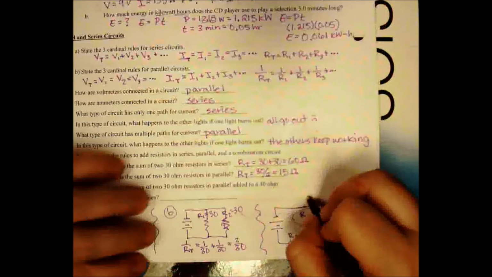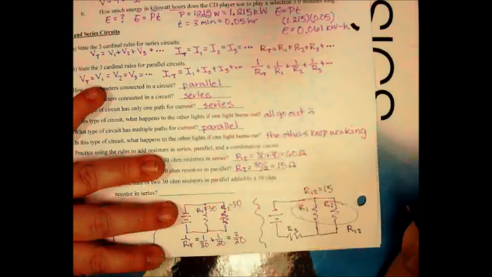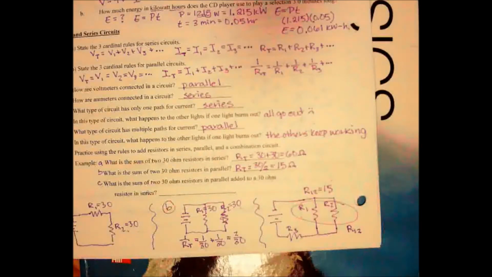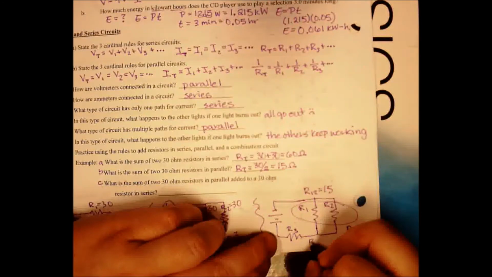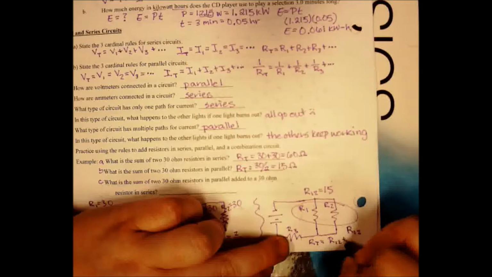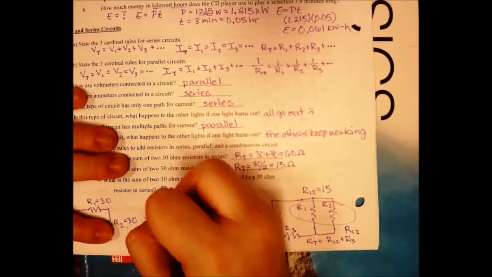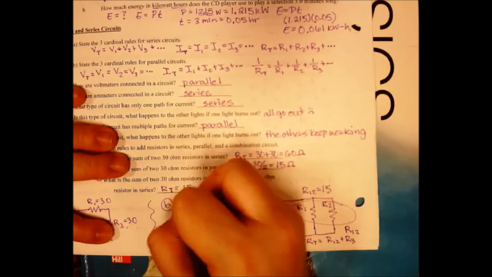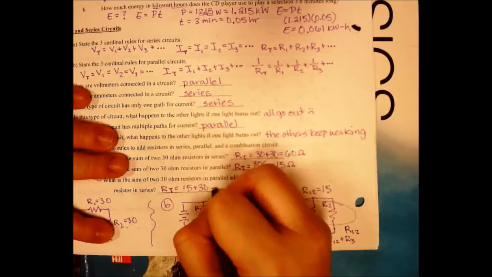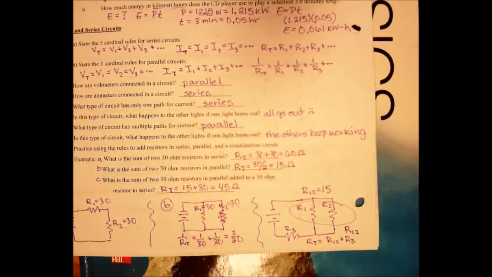Because we just worked it, we know that R12 is going to end up being 15. So then we're just adding in series RT equals R12 plus R3. So RT is 15 plus 30 equals 45 ohms.